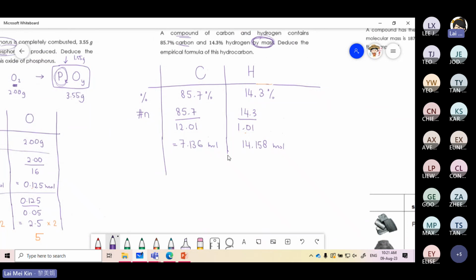So once you get the number of moles, find the ratio. Which is the smallest? 7.136. So both also divide by 7.136.